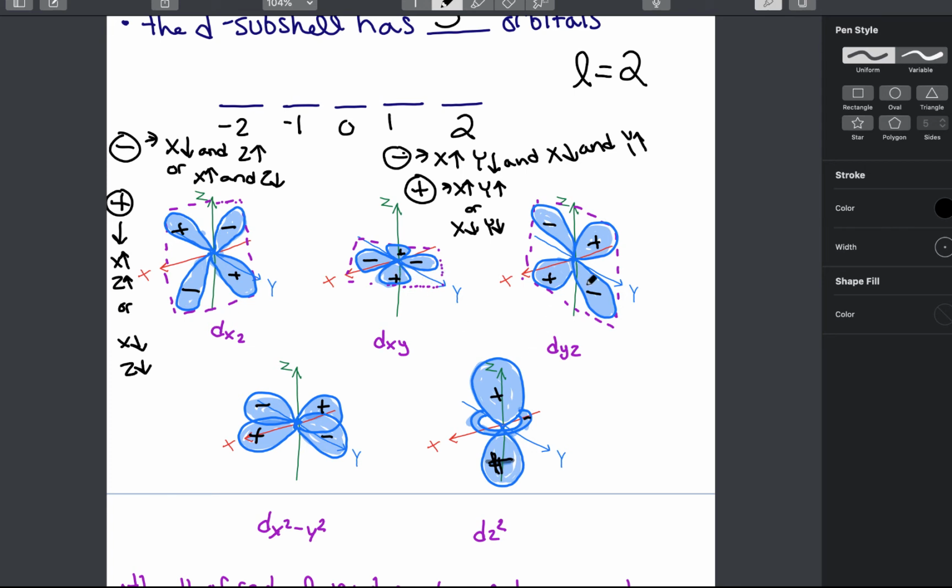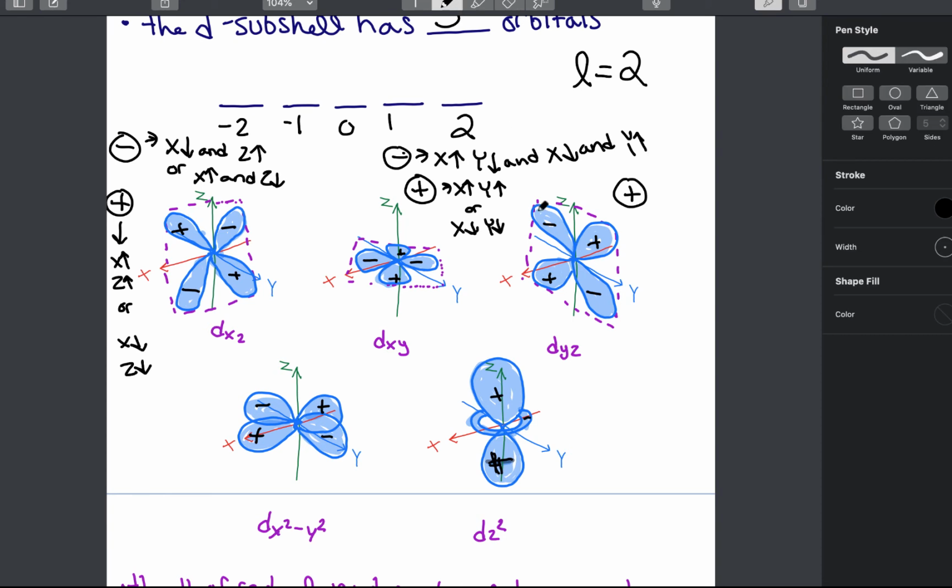And the last one here that you can use this rule for is the dyz orbital. So the dyz orbital is aligned on the yz plane. As you can see here, the yz plane consists of both the z and y axis, and you label this the exact same way as you did for these two orbitals.